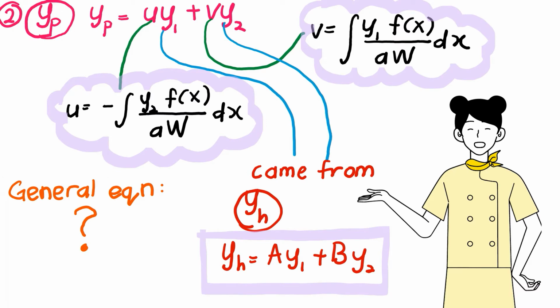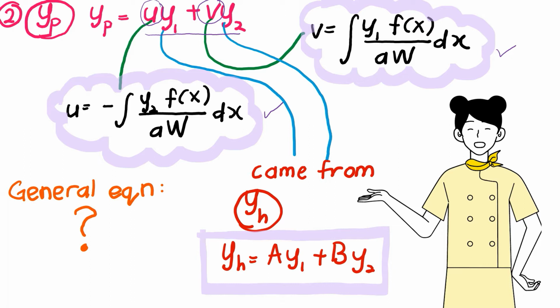Now we move on to find the y particular. Yp is given by u y1 plus v y2, where u and v come from these formulas: negative y2 f(x) over aW dx, and y1 f(x) over aW dx. So we need to integrate both u and v.